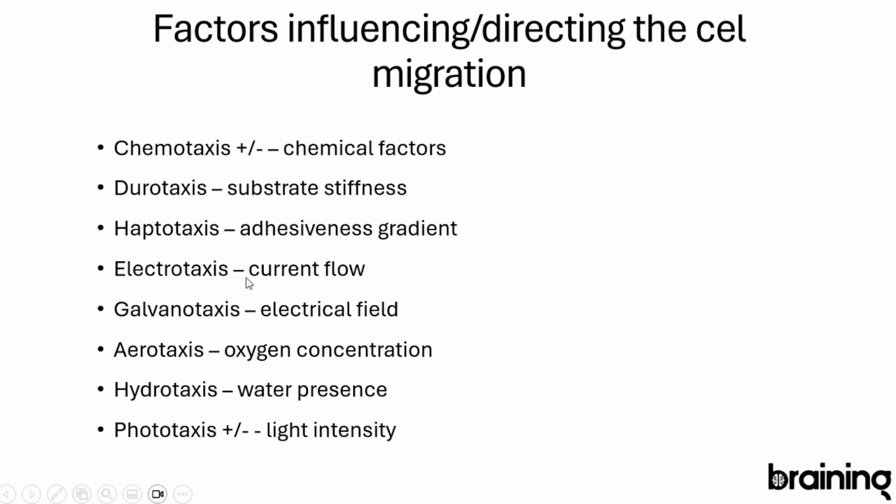Electrotaxis, or galvanotaxis, which is connected with the electrical field and the flow of electrical current. Cells also respond to oxygen concentration, and this is aerotaxis. Even the presence of water can cause hydrotaxis. Phototaxis: some cells are really not happy when they are exposed to light, and they move away from the illuminated area. So we have different ways to categorize this event. Basically, almost any factor we can think of can influence this process.